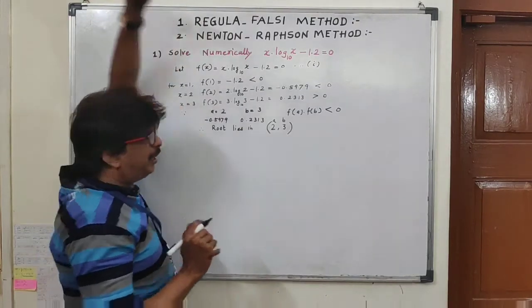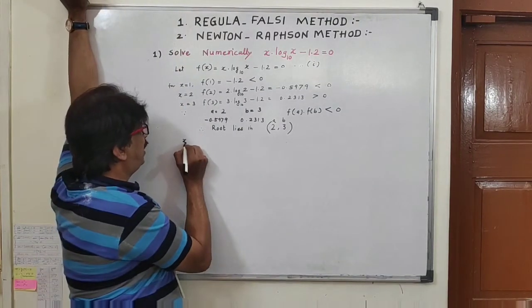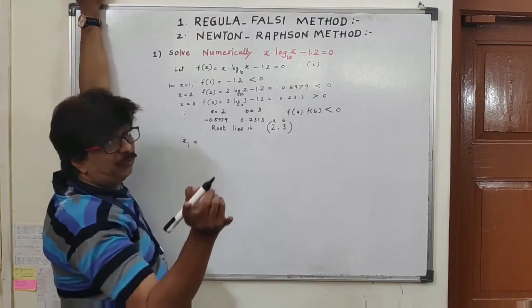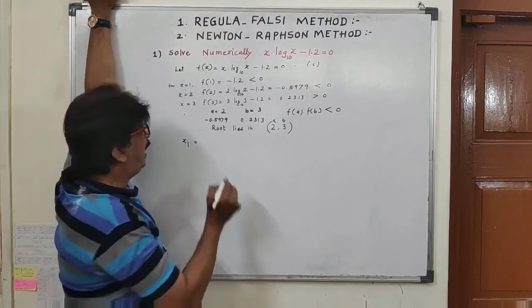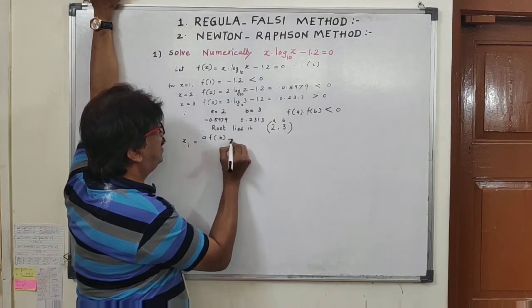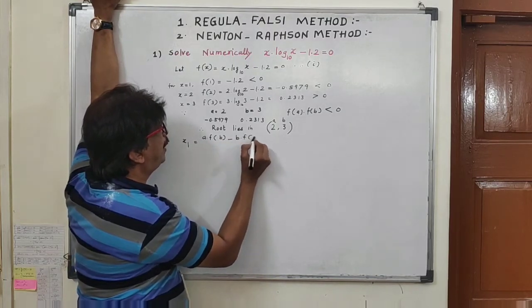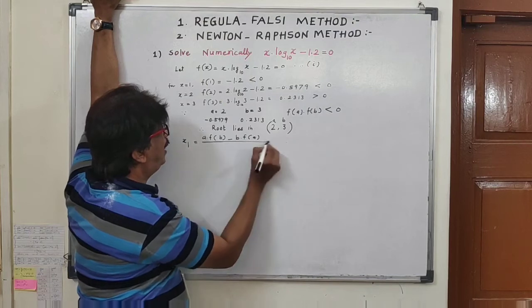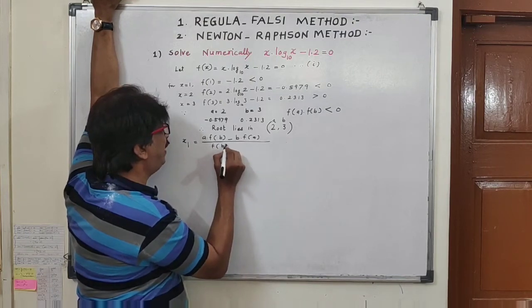After determining this interval, x1 is equal to the regula falsi formula: a into f of b minus b into f of a, divided by f of b minus f of a.